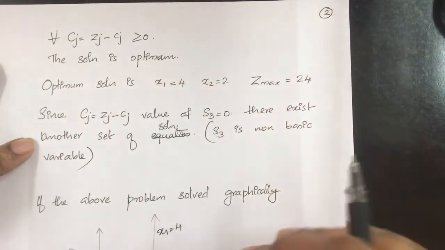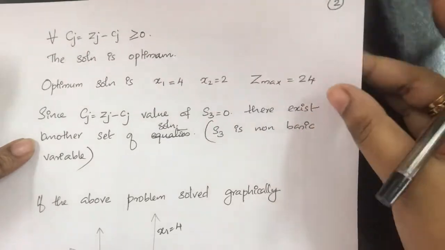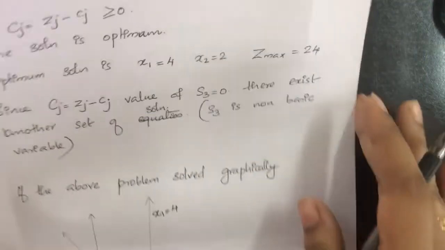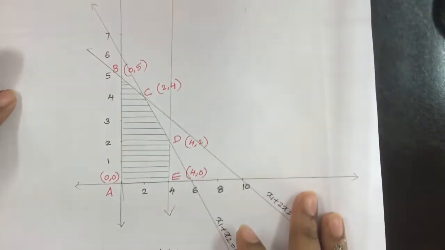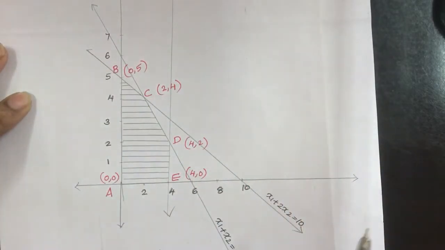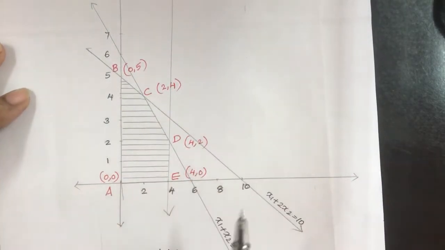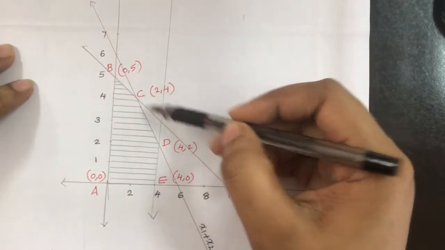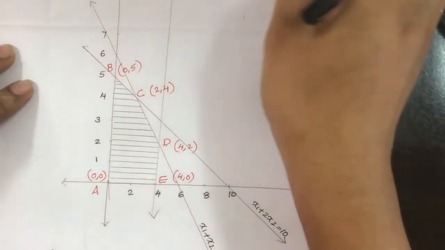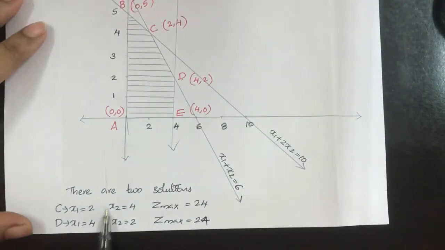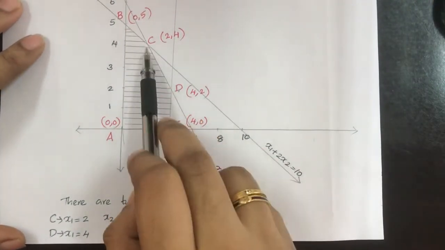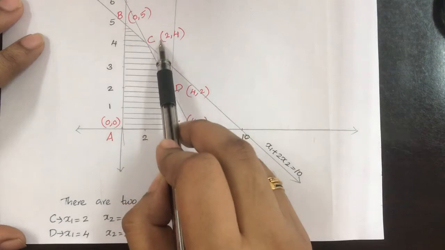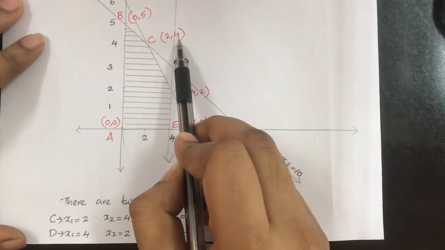To show that another set of solutions exists, I am solving the same problem using the graphical method. This will be the solution I get from the graphical method. Whenever I find the Z values for points C and D, they give the maximum value. That is, there exist two solutions at C and D. C means x1 is equal to 2 and x2 equal to 4.